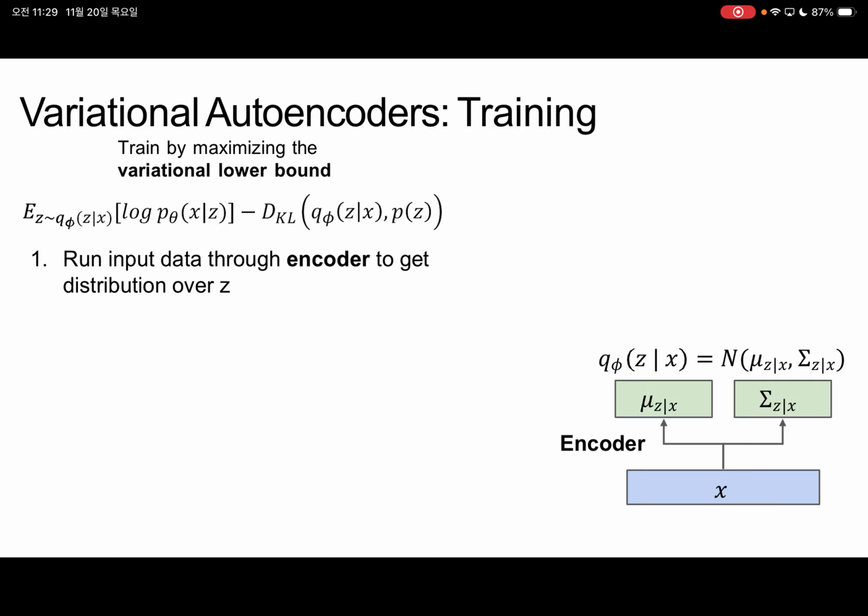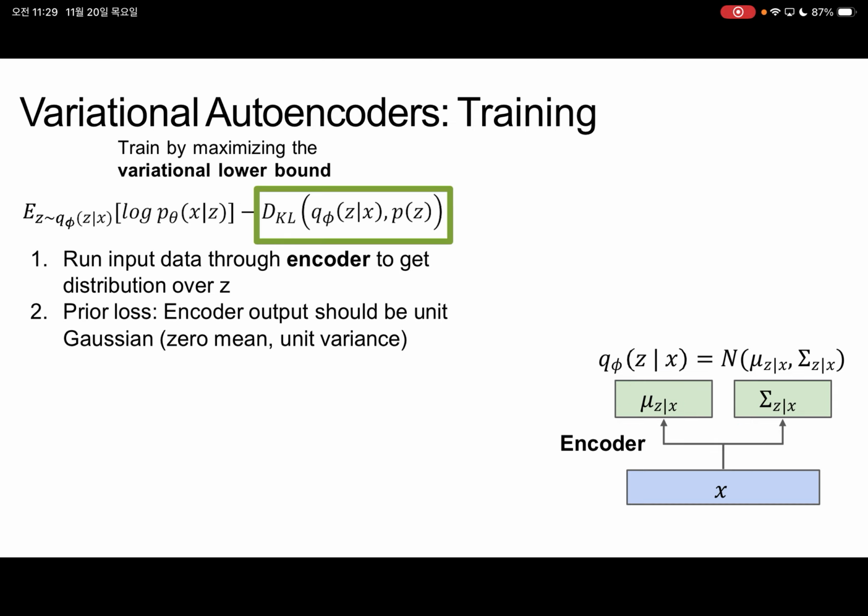In practice, we run input data through the encoder to get a distribution. The encoder outputs mu and variance, and then we compute the prior loss, right? We have the encoder's output, and then we can compute KL divergence between the encoder's output and the normal Gaussian distribution. That is this loss function.